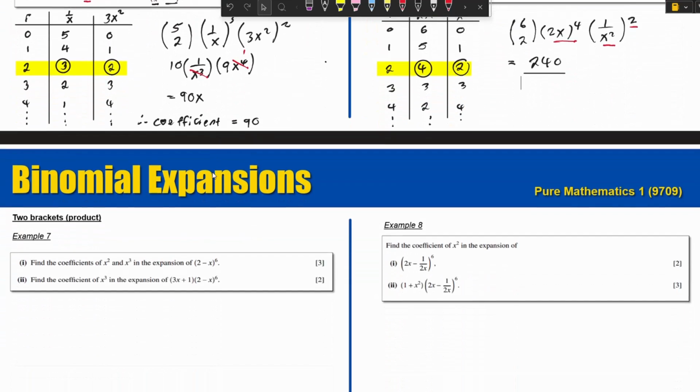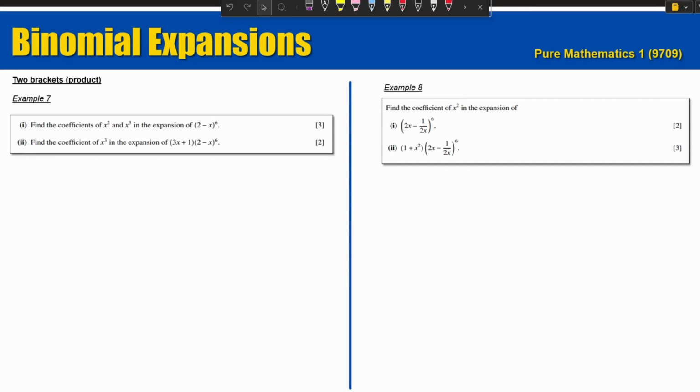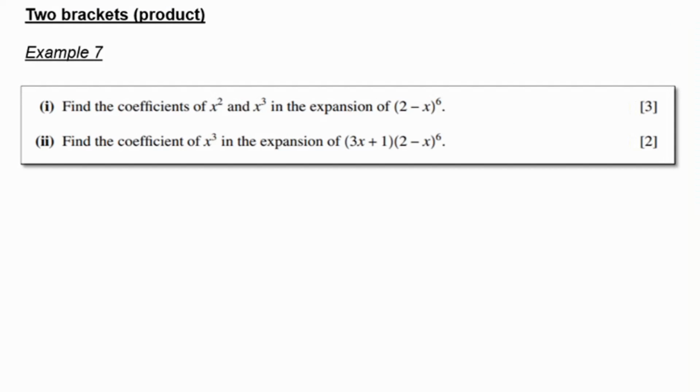Let's move on. Now we want to look at questions which involve the product of two brackets. We're starting with example 7, which says we should find the coefficient of x squared and x cubed in the expansion of 2 minus x to the power of 6. So that's part 1.